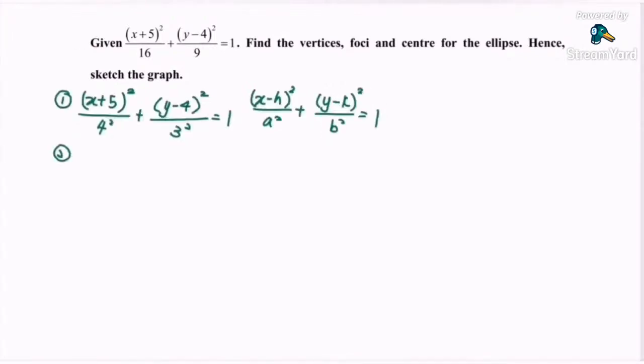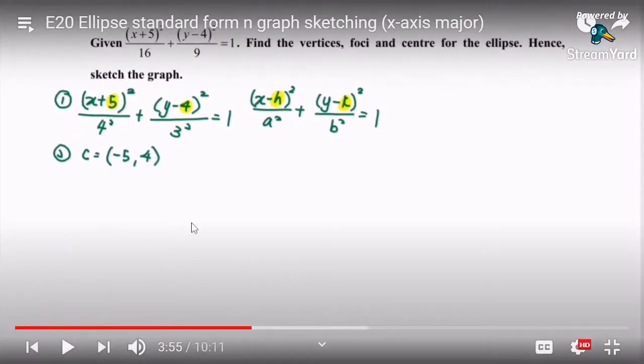So if we compare the situation, the center is equals to (h, k). So the h will be -5 and the k will be 4. Okay, take note. Nampak tak apa yang saya buat? Saya compare. First step. Kemudian, second step is to find the center.